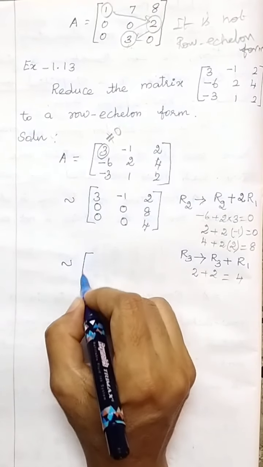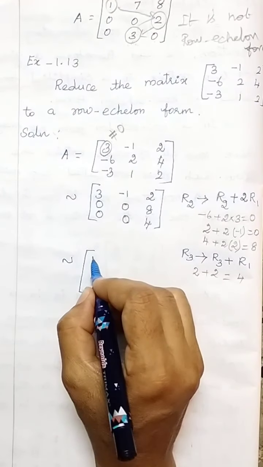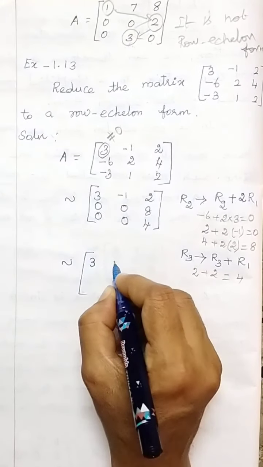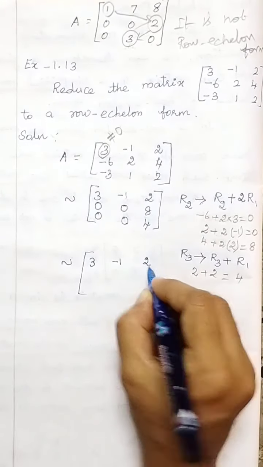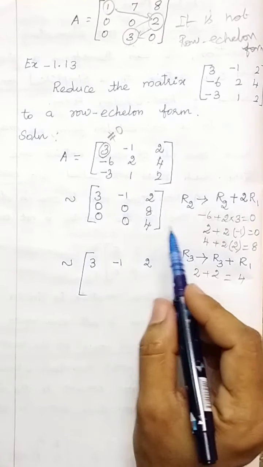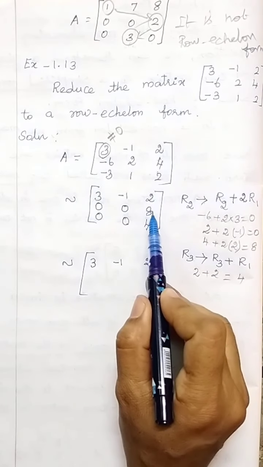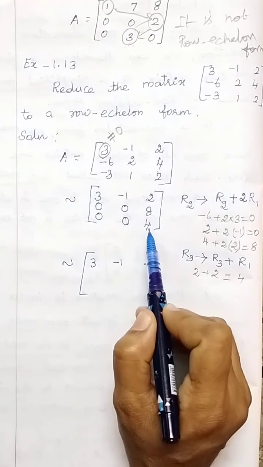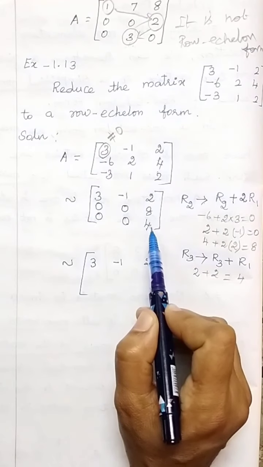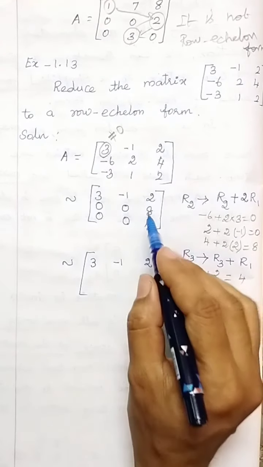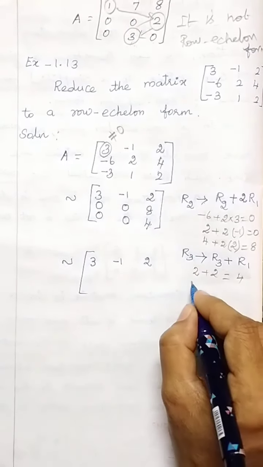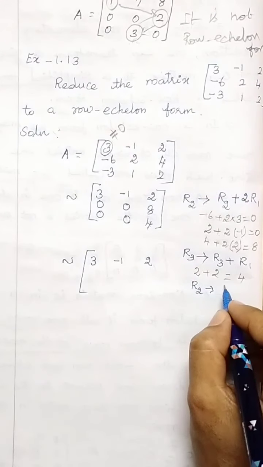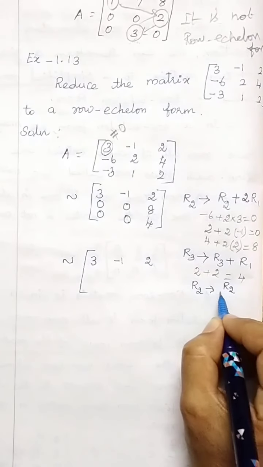We write one more equivalent matrix. First row does not change, so as it is you write 3 minus 1 2. Then our second row third column value is 8. Our third row third column value is 4. So just you divide second row by 2. That is R2 by 2.